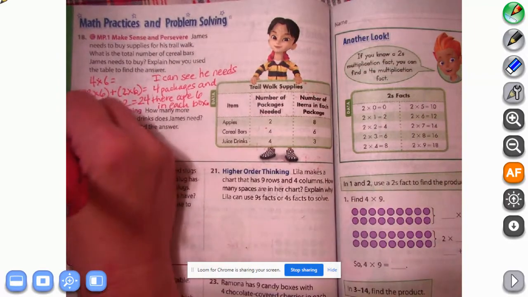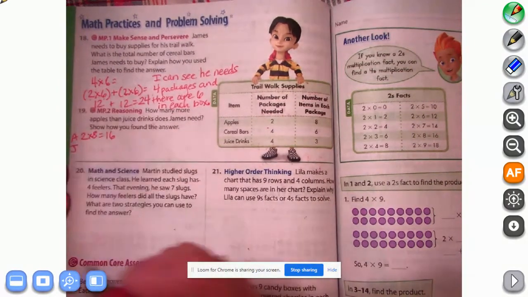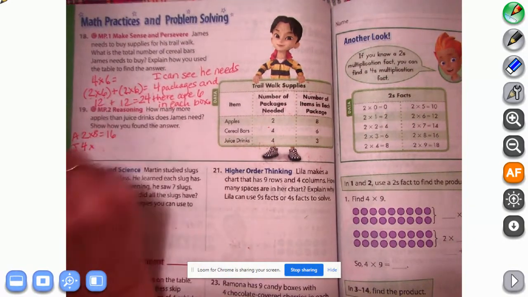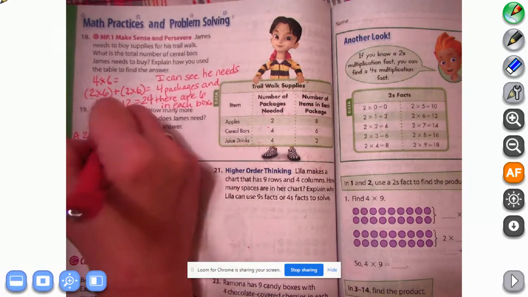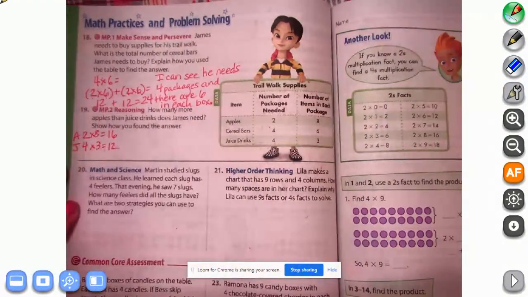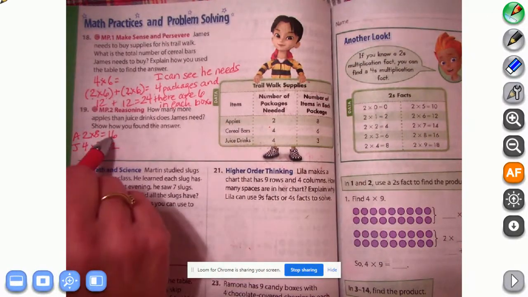This is for the apples. For the juice drinks, I'll put a J. Juice drinks are 4 packages, and there are 3 in each. 4 times 3 is 12. Okay, so what we need to do now is say how many more apples, because we see he has more apples than he does juice, but how many more?